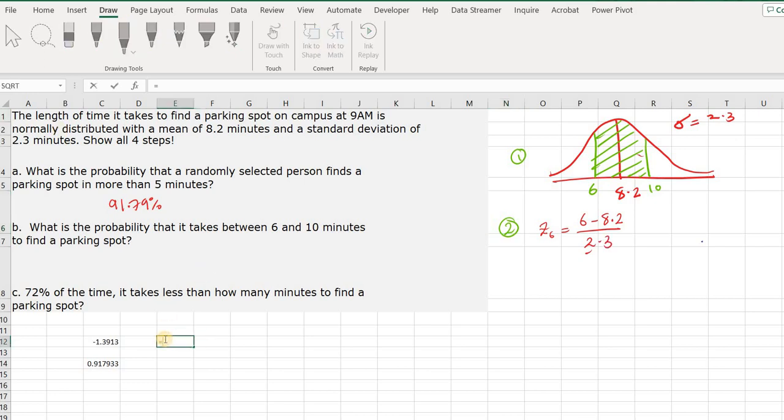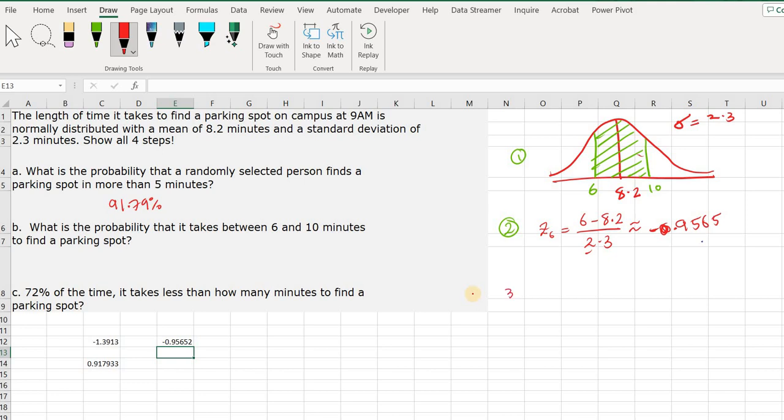Remember to put parentheses over the numerator and denominator. 6 minus 8.2 divided by 2.3. I basically could have done this a little bit differently, but now I'm going to round this to 4 decimals, which is going to be negative 0.9565. So we're going to round each z-score to 4 decimal places.